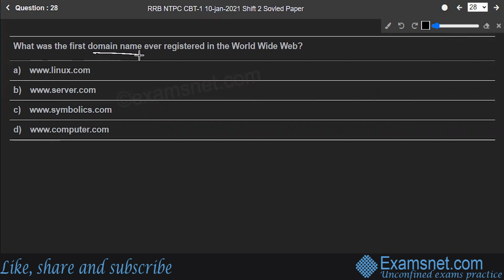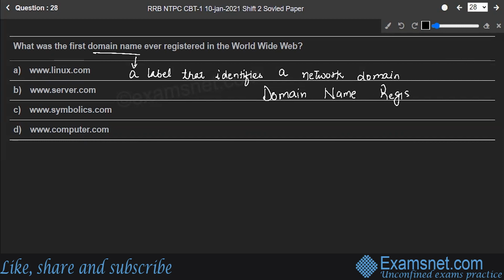A domain name is a label that identifies a network domain, a distinct group of computers under a central administration or authority. The company managing the reservation of domain names is the domain name registrar.